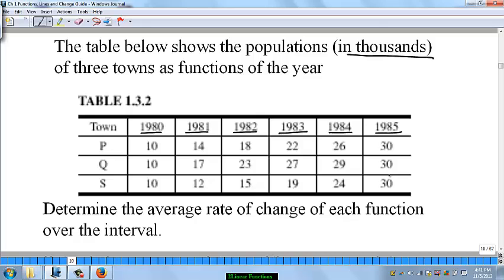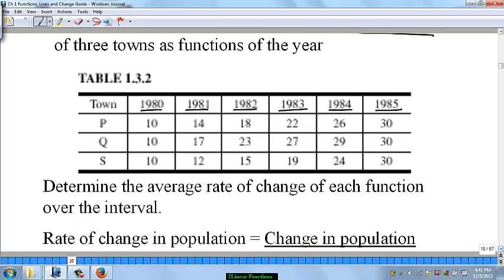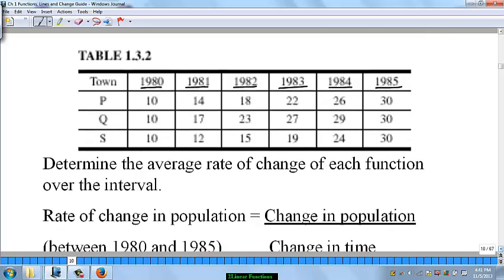So we want to determine the average rate of change for each function over the interval. And if you look at it, it's a change in the population over the change in time. Because if you look at this, this is our time, and these are the populations of each of the towns. So again, we have points here, where time is the independent variable, and then you're going to have town P, and then time and town Q, and time and town S. So there you have your three sets of points.